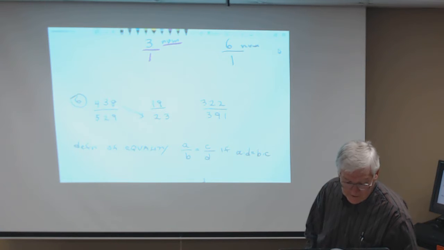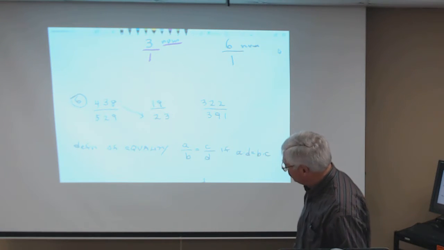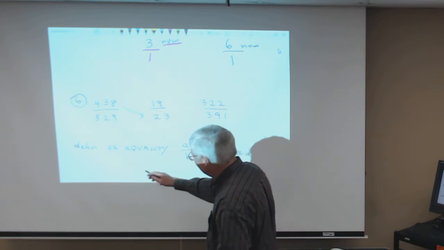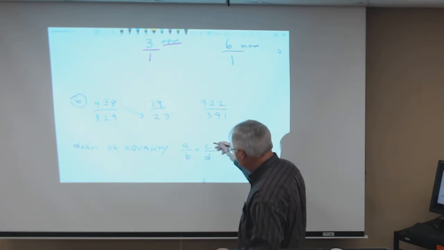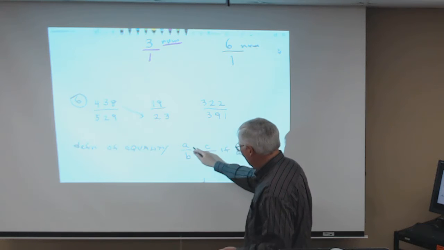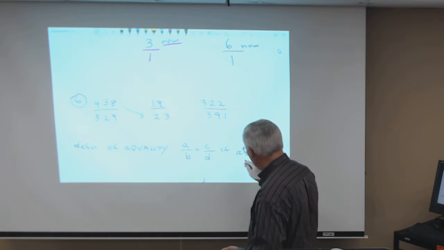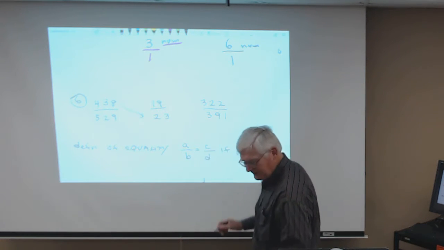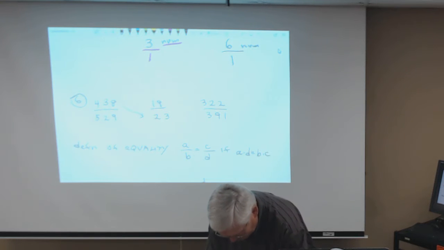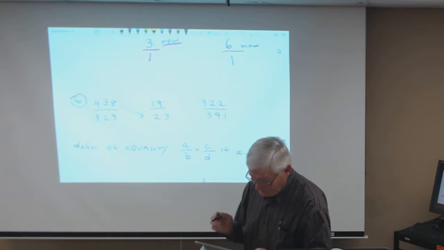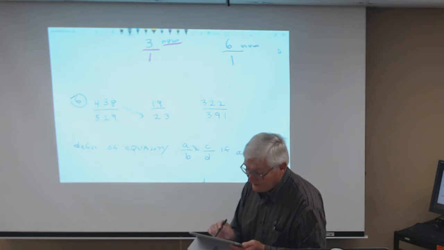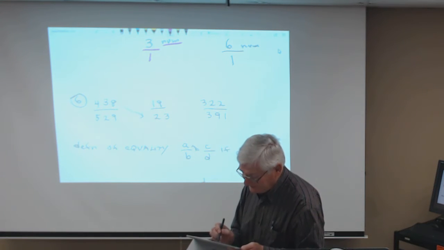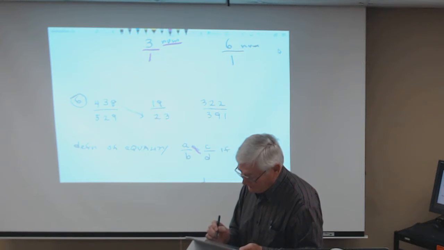By using the definition of equality, here's the definition: A over B equals C over D if A times D equals B times C. So you do this times this equals this times this.